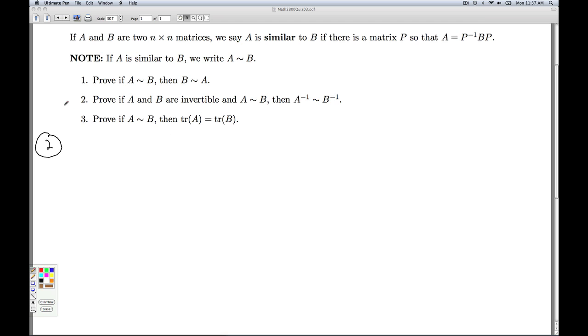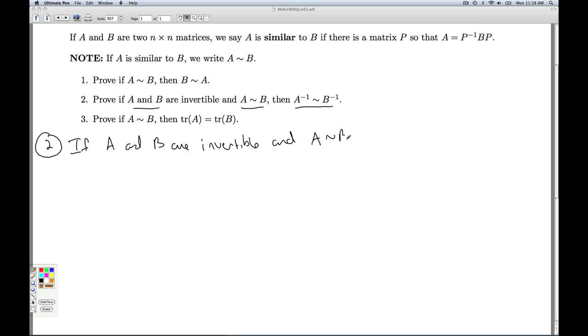Okay, number 2, we're asked to show that if A and B are invertible, and A is similar to B, then A inverse is similar to B inverse. In other words, A inverse and B inverse exist.